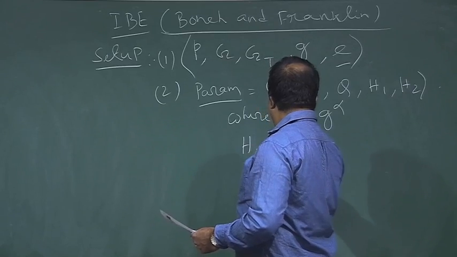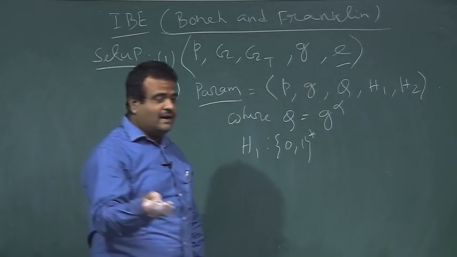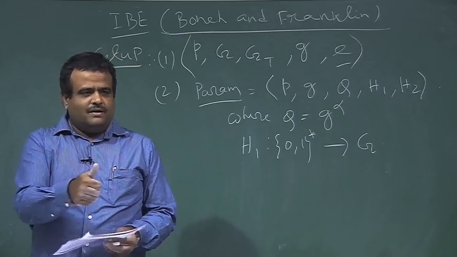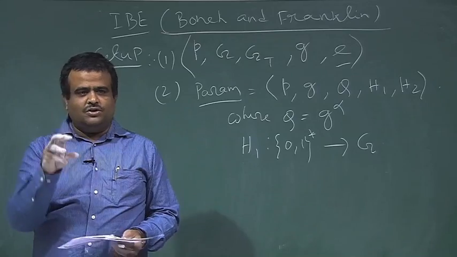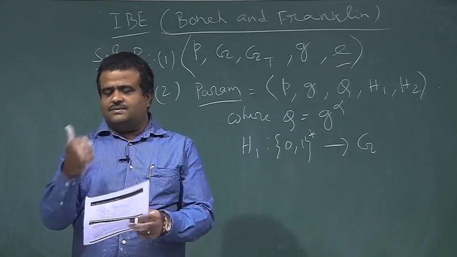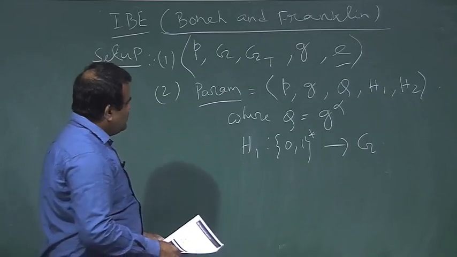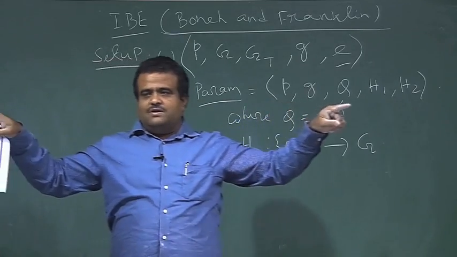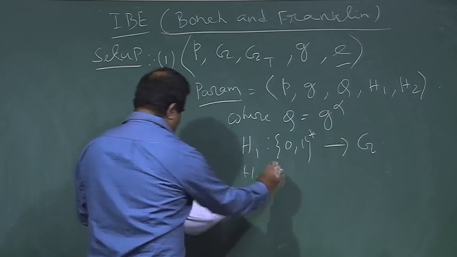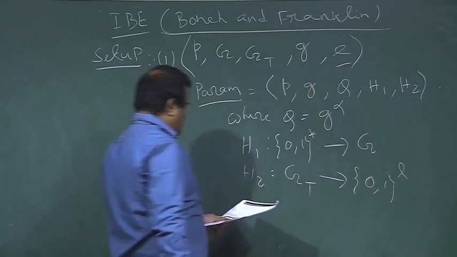H1 is the hash function that converts the ID to an element in G. The ID could be anything, like a biometric or fingerprint, which we can convert into a matrix and then into a vector, basically an arbitrary length 0-1 vector, and then to a group element in G. The other hash function H2 takes an element in GT and converts it into an L-bit string.